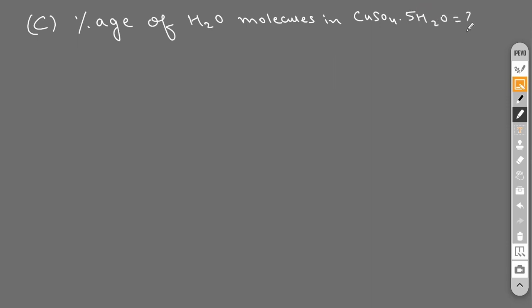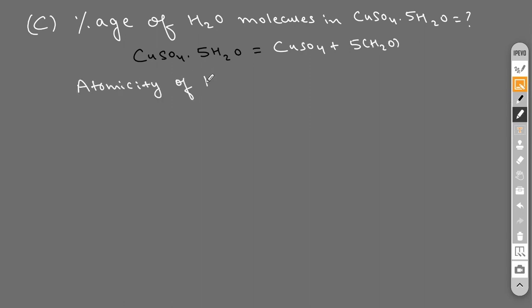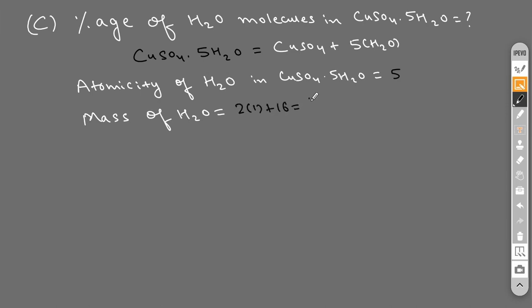Now moving to the last part, we have to calculate the percentage of H2O molecules in CuSO4.5H2O. We'll write where H2O molecules are present in this compound. CuSO4.5H2O is composed of CuSO4 plus 5 H2O molecules. Here the atomicity of H2O is 5 and the mass of H2O is 2 times 1 plus 16, which is 18 gram per mole.